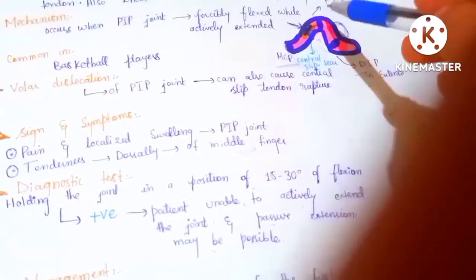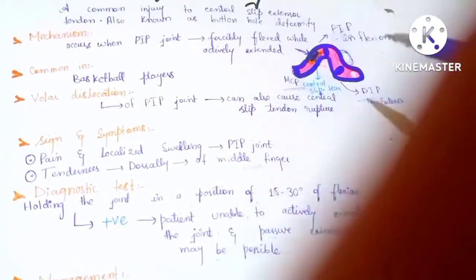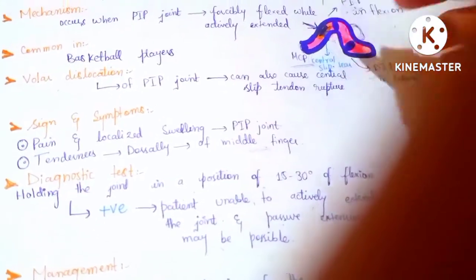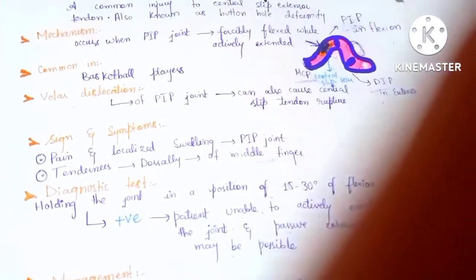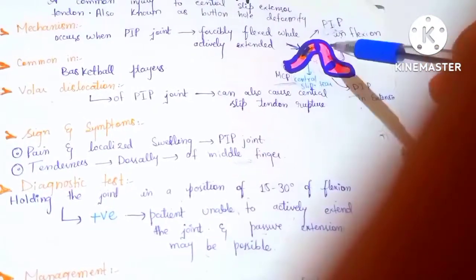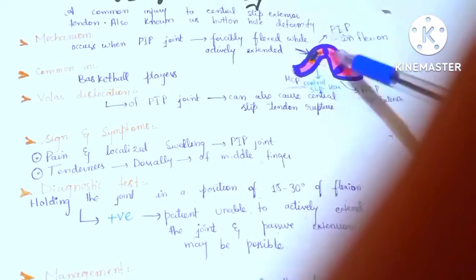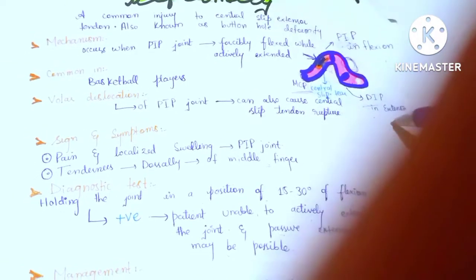Near the PIP joint, the central slip, or extensor tendon, is ruptured from the posterior, or back side, of the hand, and that can cause PIP joint flexion and DIP joint extension.